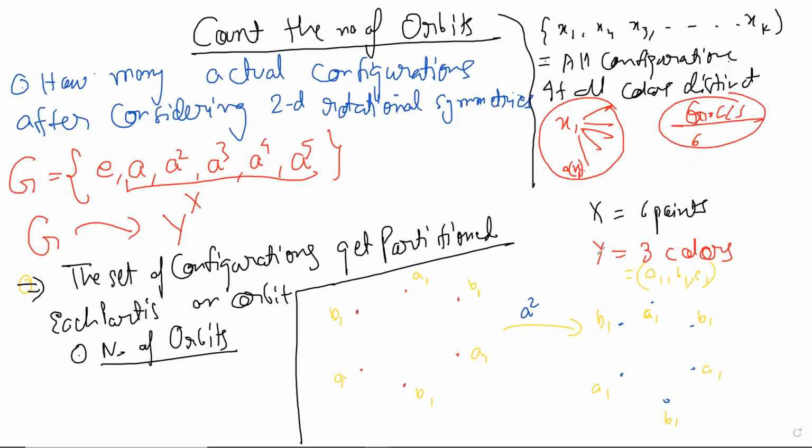Here, the issue is that the size of each orbit is not fixed. So we need to understand how to find the size of an orbit. The question is counting the number of orbits, but before that there is a more fundamental obstruction, and that is finding the size of an orbit.